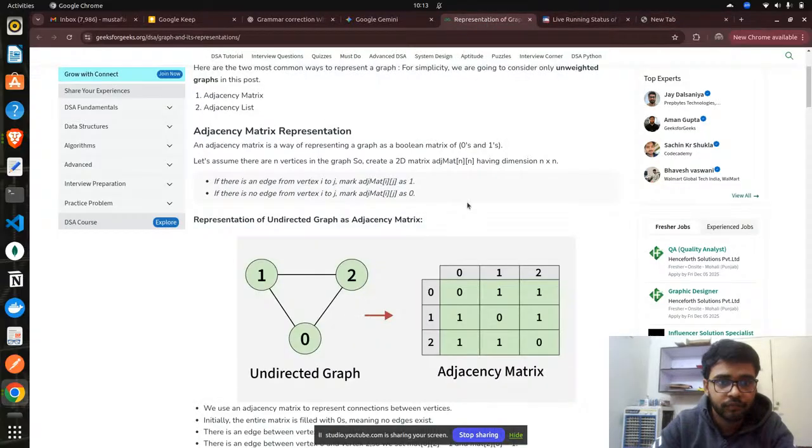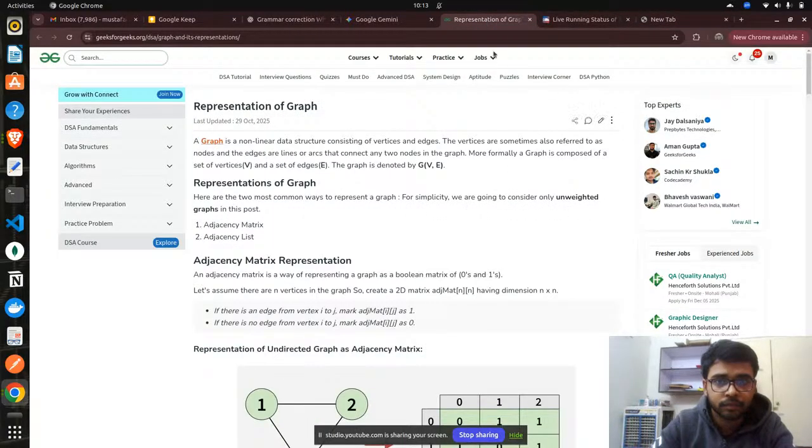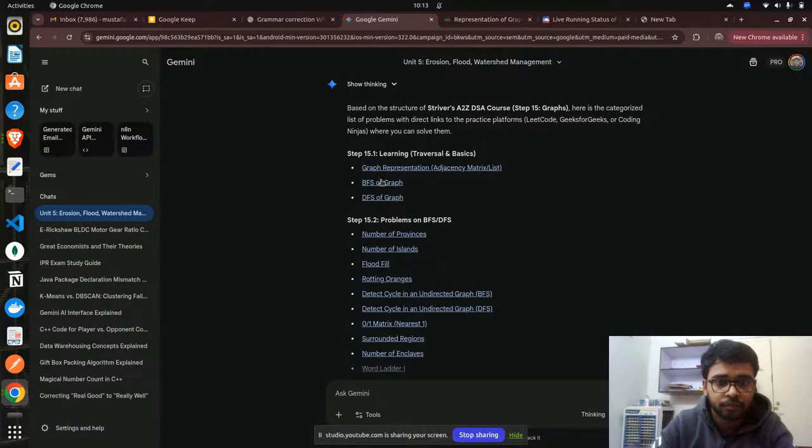Representation of graph. BFS of a graph.